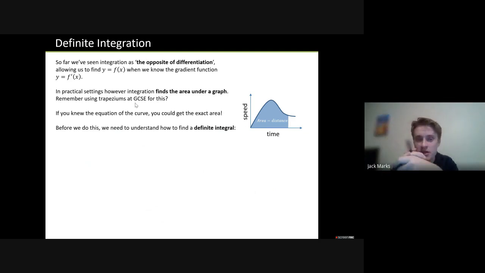And that's actually what integration does. We haven't looked at why that works yet, but that's what integration does. So if we want to find the area under a curved function like this, we can integrate.